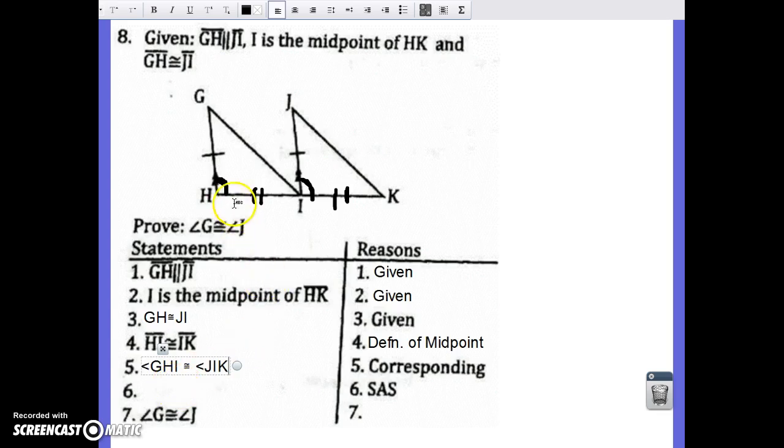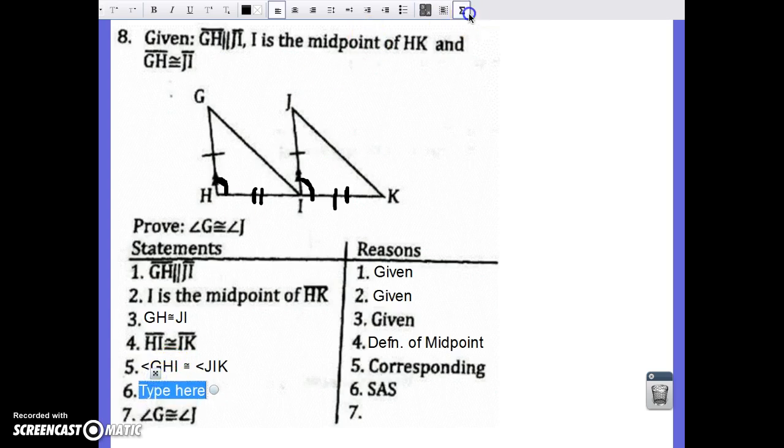Okay. Now you should be able to see that side, angle, side. And it is stated right here in this sixth reason, but we actually have to give a statement for it. So let's get a symbol for it.